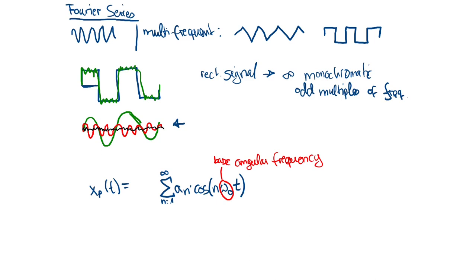And this is the periodicity of the periodic signal. So it defines here the frequency at which the periodic pattern repeats. This is the base frequency here, and in this signal it is, where is it? It's here.